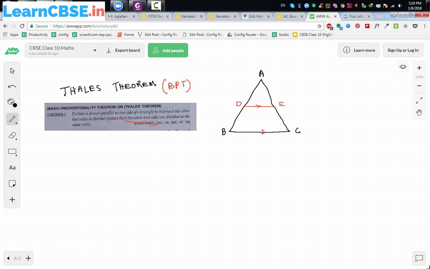So DE, with D and E as the points, is the line which is parallel to BC, which is given in the question. We have to prove that AD by DB equals AE by EC.